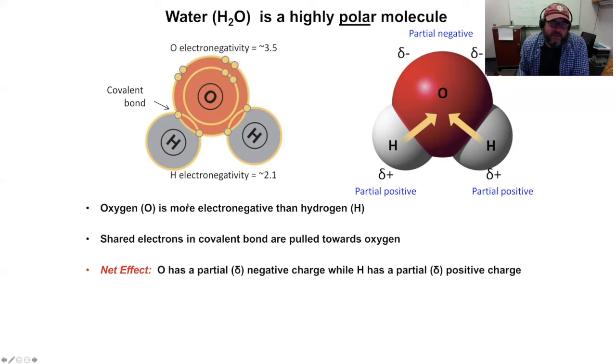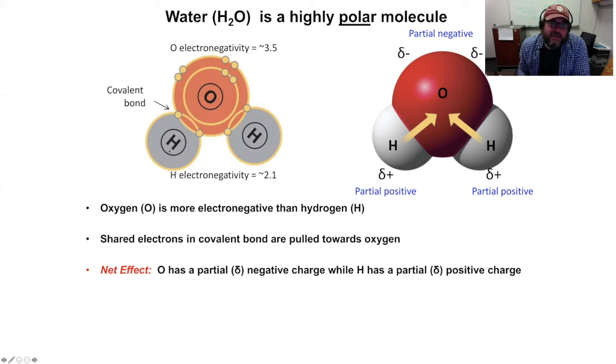That's because, if you remember, oxygen is more electronegative than hydrogen. That means that in the covalent bond between the oxygen and the hydrogen, the electrons in this bond are more attracted to the oxygen than they are to the hydrogen. As a result, there's more of a negative charge associated with the oxygen, because the electrons are negative.